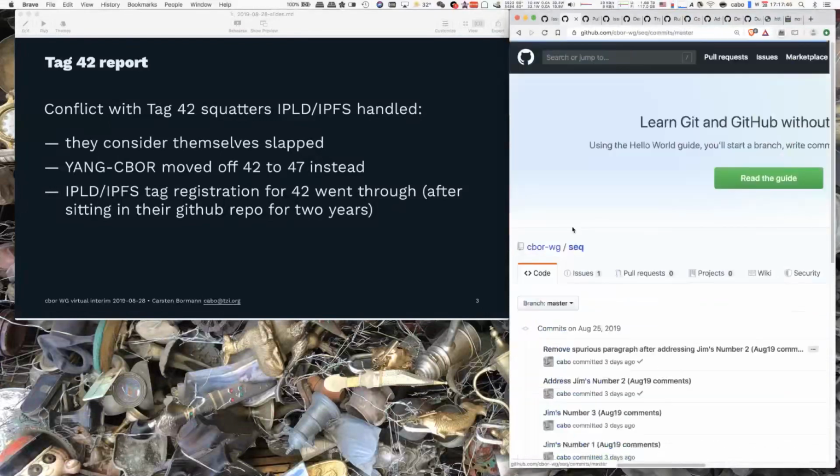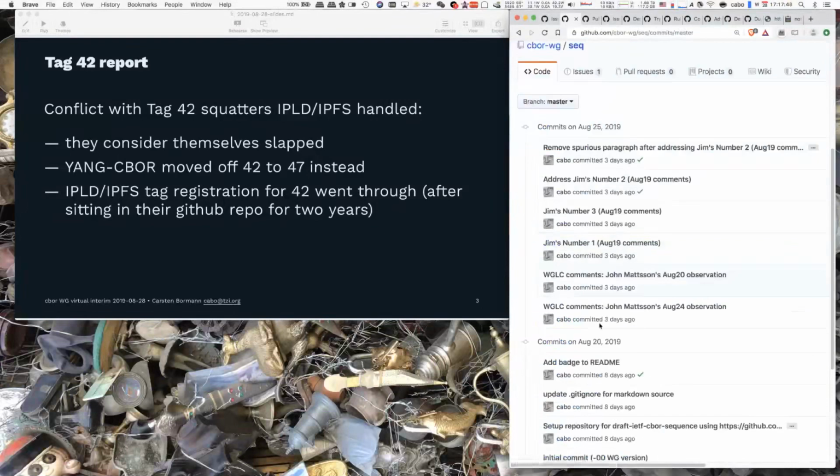So there are a number of commits here that are addressing the various comments. And I think they are all straightforward, no-brainer accepts, and we can discuss whether the actual wording that I use is the right one. But I think there's no discussion needed about the actual comments.